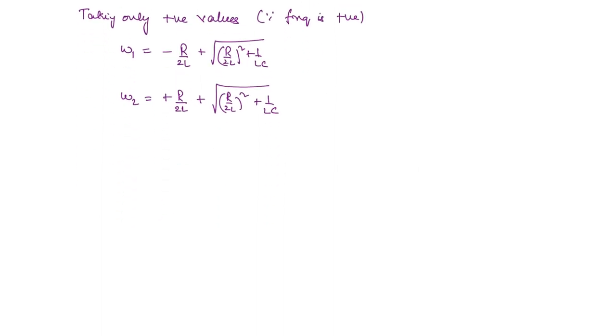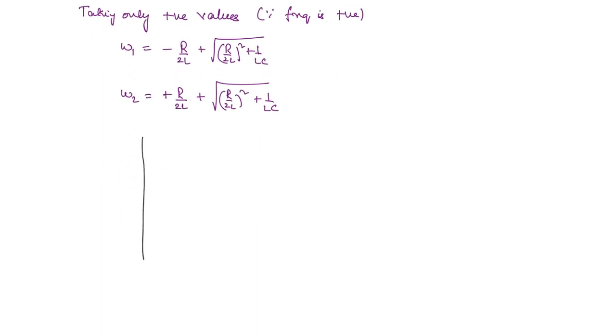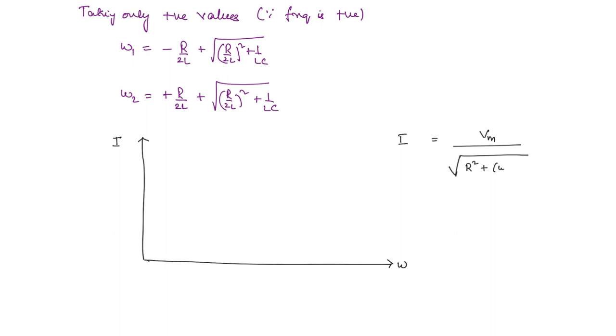Let us now draw the frequency response. So the parameter we are considering is the current I as a function of the frequency omega. What will be the expression of I? This is equal to Vm divided by the impedance, for the series RLC circuit. We are discussing the series RLC circuit. So Vm divided by the impedance, and the impedance value is root over R square plus omega L minus 1 by omega C whole square.